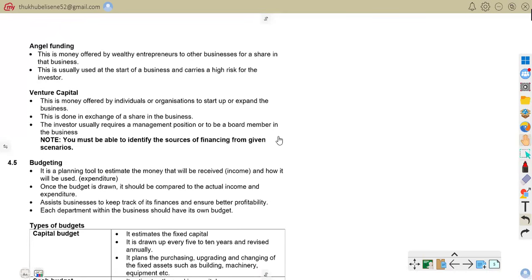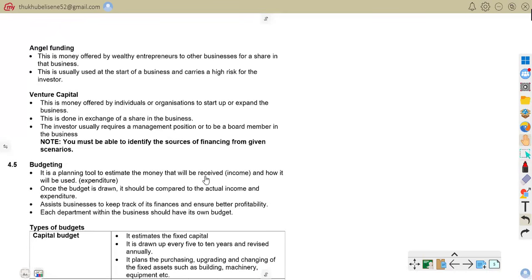So now we are coming to angel funding. He says this is money offered by wealthy entrepreneurs to other businesses for a share in that business. So it means rich individuals give money in exchange for a share.